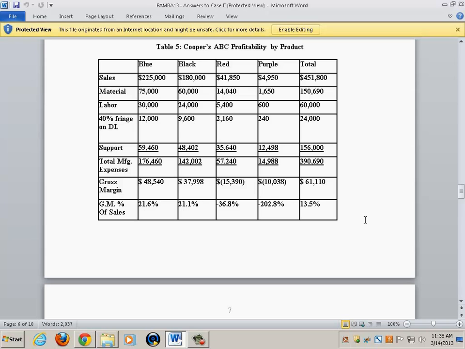Imagine yourself in a management meeting of Cooper's Pens, and now, on the basis of this, you want to adjust the product mix.